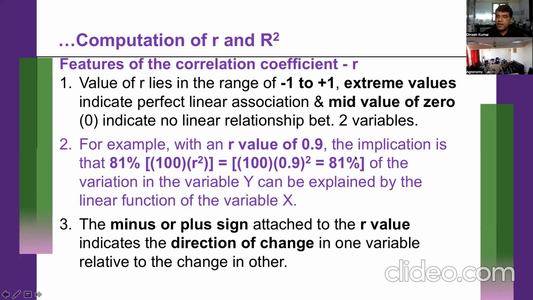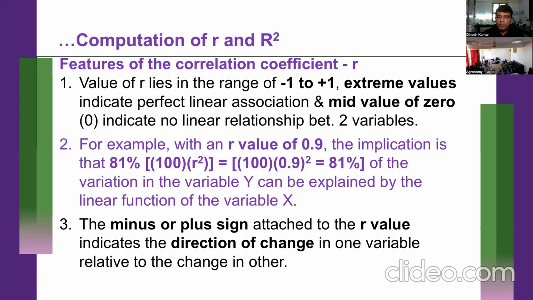So 81% means the variation in the variable y can be explained by the linear function of the variable x. It means 81% of the data is falling on the line, but the remaining 19% of the data is not falling on the line or not represented by the line. That is our error. So this is how we can explain the meaning of coefficient of determination.